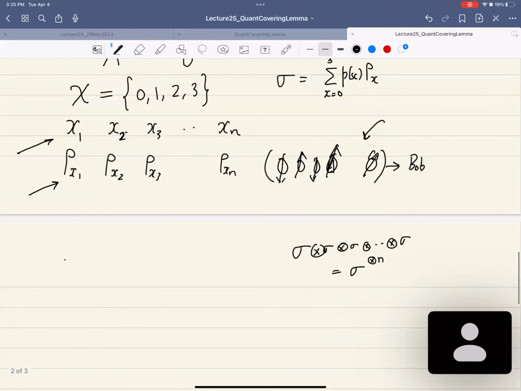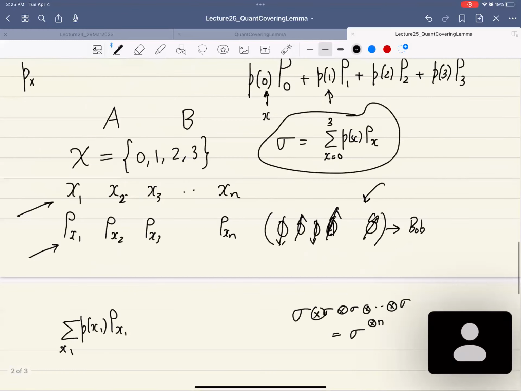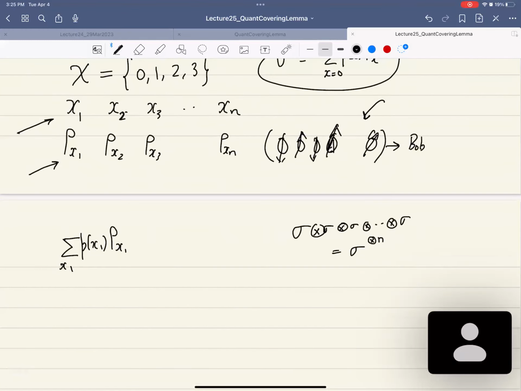Is it the sum over x1 of p(x1) rho x1? Is this the quantum state? No, x1 is just a value like 0, 1, 2, 3. Correct. Do you agree with this? Yeah, that I got. But I am saying, as we are summing over x1, summing over x2 is also the same thing, right? Again, we are seeing sigma.